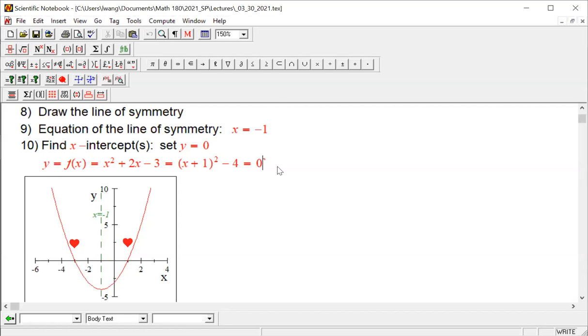We're setting them equal to 0. So which one do we choose to use to solve for our x-intercepts? We can choose any one of them. Do you guys follow me? So which one do we choose? And I actually want to choose this one.